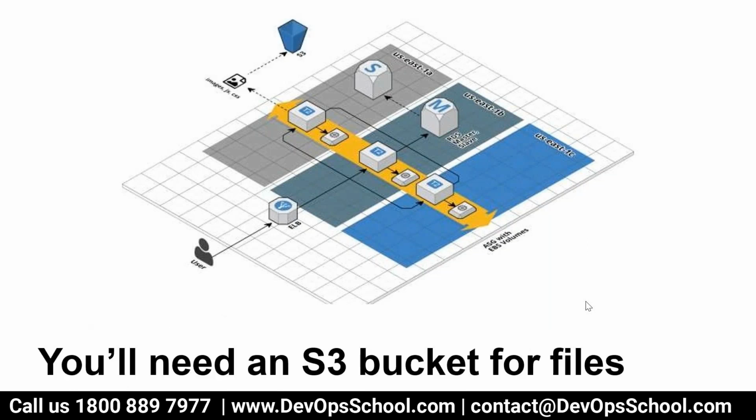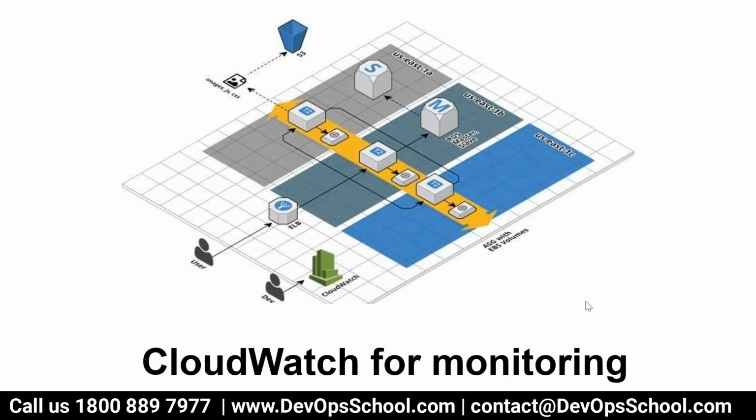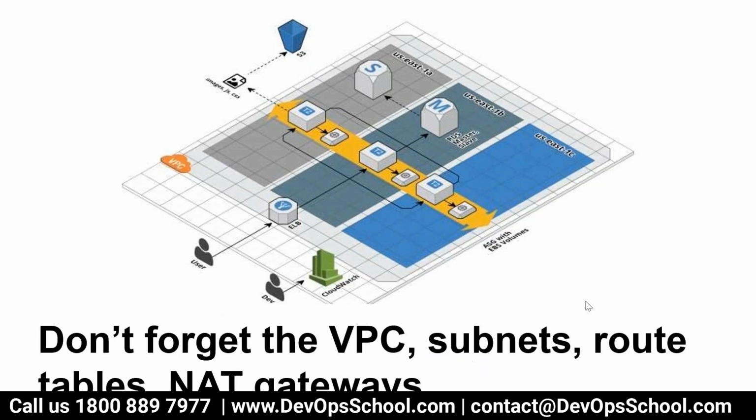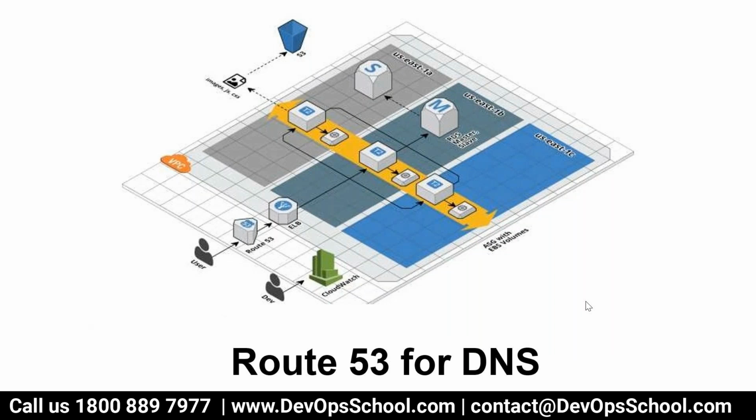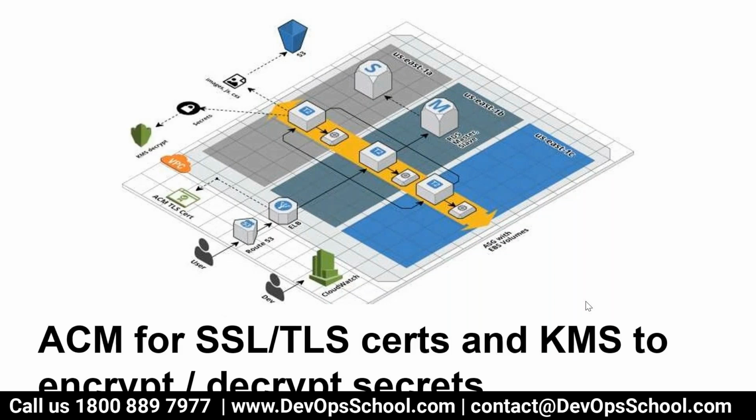Now you need some files to be stored, so you need an S3 bucket. Now you want to enable monitoring, so you enable CloudWatch. Then probably you want to create your own VPC, subnet, route table, NAT gateway, and then you have to do the DNS entries. And then certificates, security is very important, so SSL, TLS, KMS, encrypt and decrypt services.